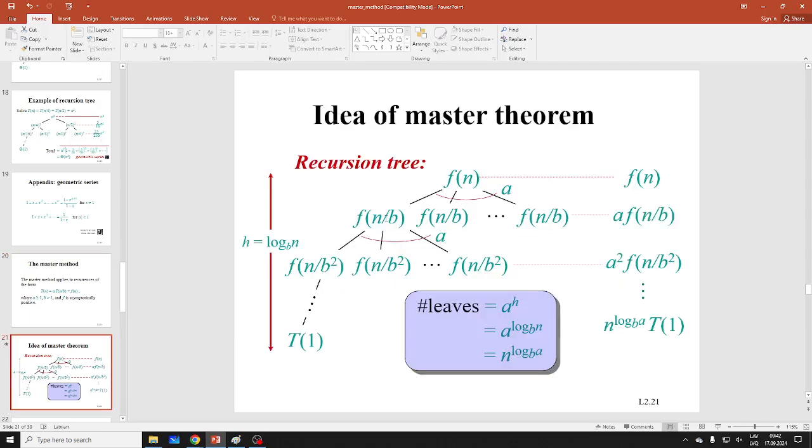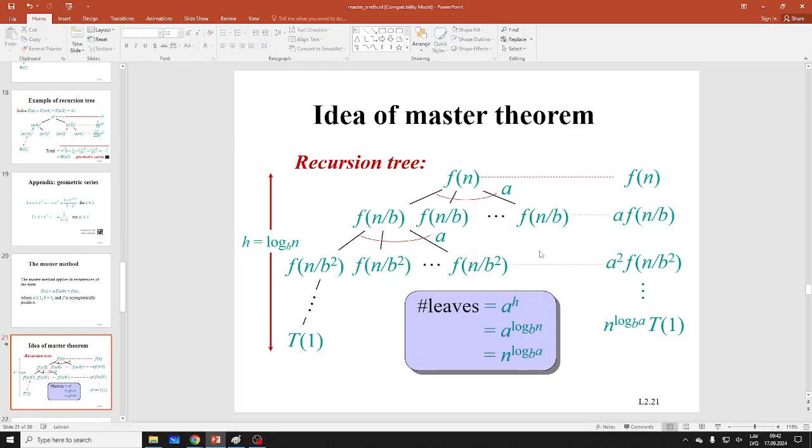Then at each level, we divide n by b, and we count this 8 times, because we get 8, and eventually we should stop. This shows how it was proved. You don't have to prove it yourself, but this shows how it was derived. It's not really that hard.